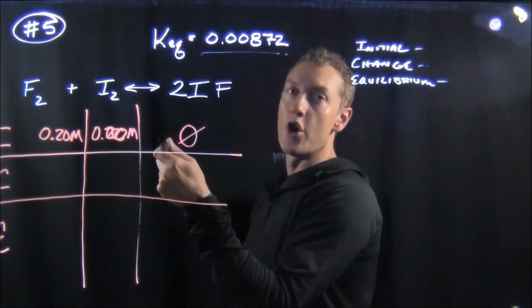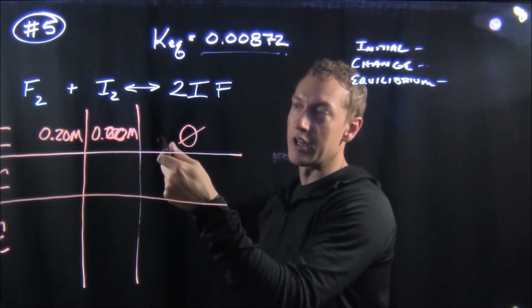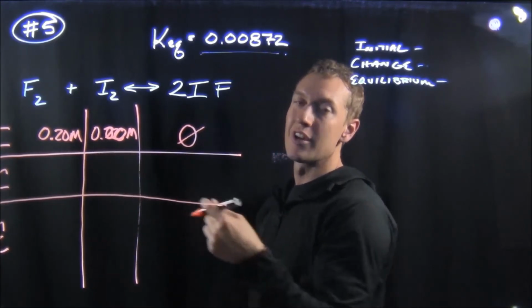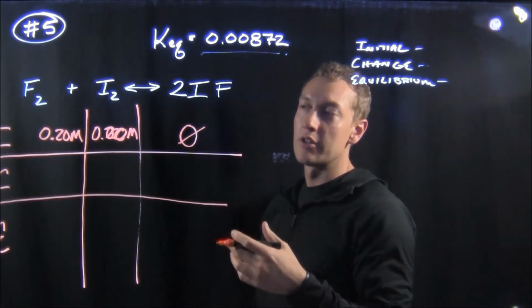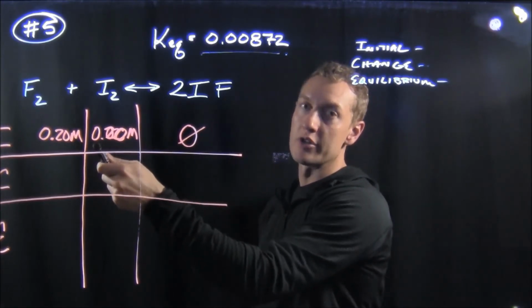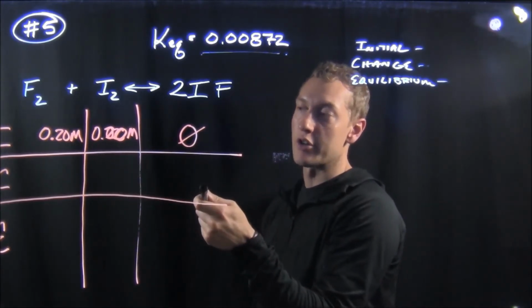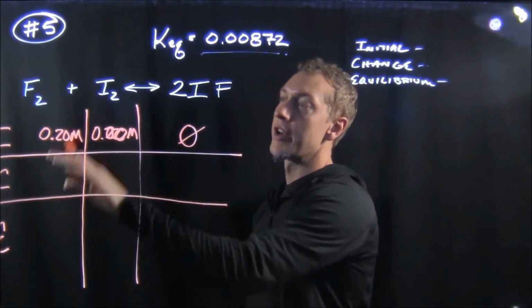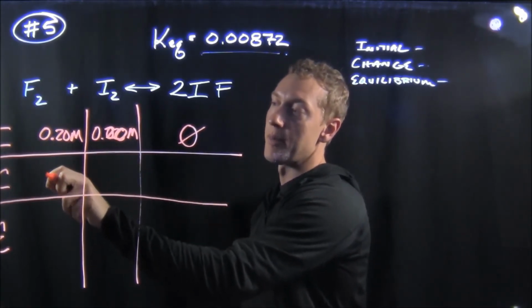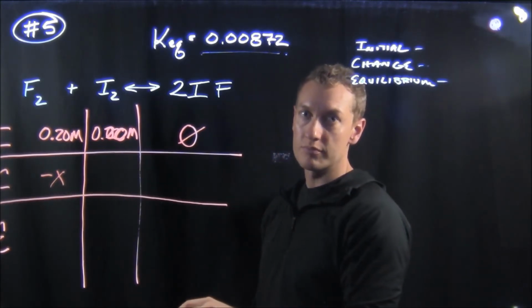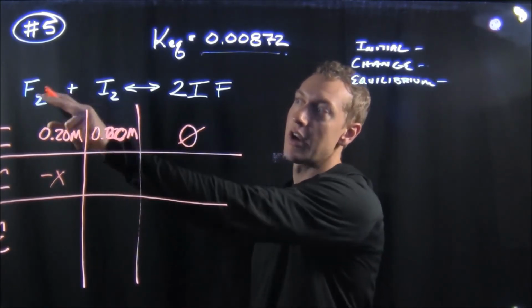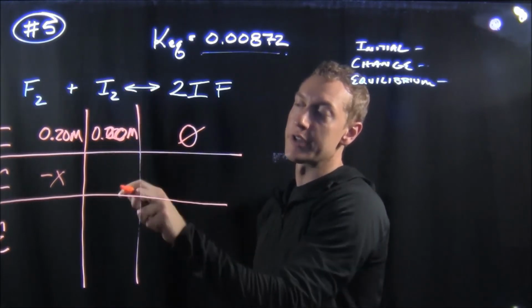Now, since there's no product present at the very beginning, but there are reactants present, you know the equilibrium is going to have to shift towards the products, right? Some of these reactants are going to be consumed, and some of the products are going to be formed. So I know the reactants are going to decrease by some amount, so I'm going to call that change negative X. Every time I use a fluorine, I'm also going to use an iodine.